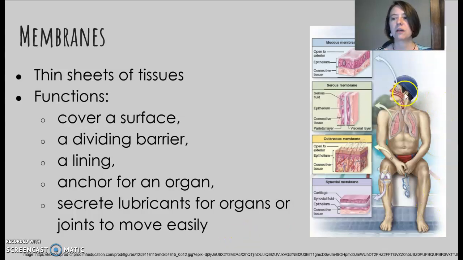Looking at this picture, we have different types of membranes. In the respiratory tract, this young man has mucous membranes, and then some serous membranes surrounding his lungs, and the skin is cutaneous membrane, and then some synovial membranes in the joints.